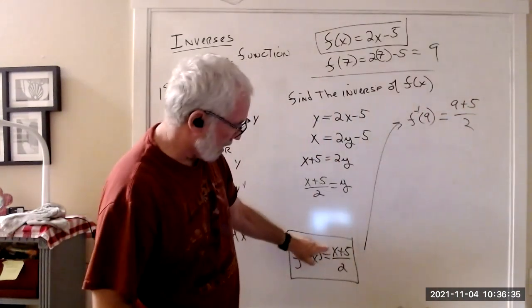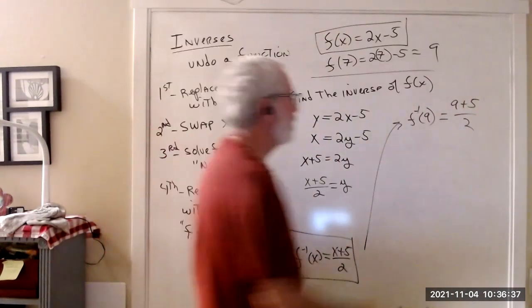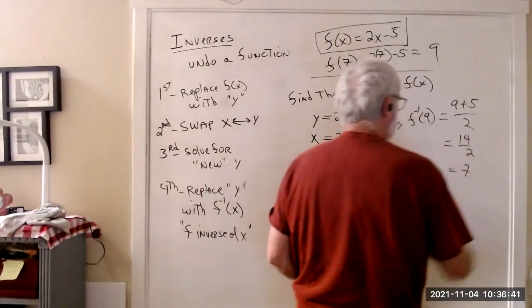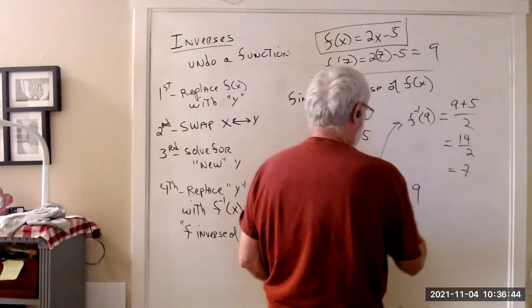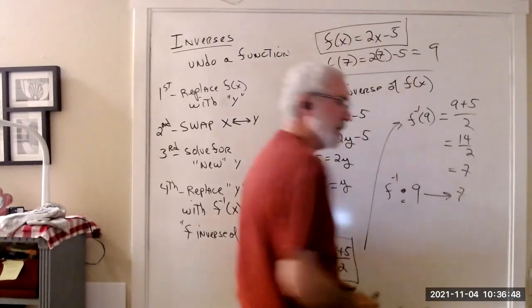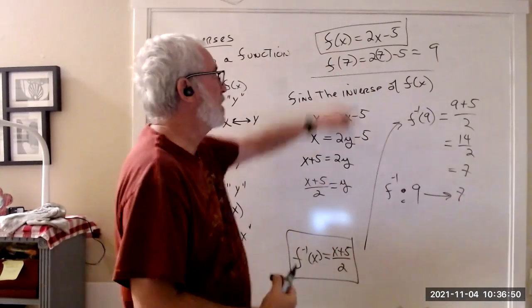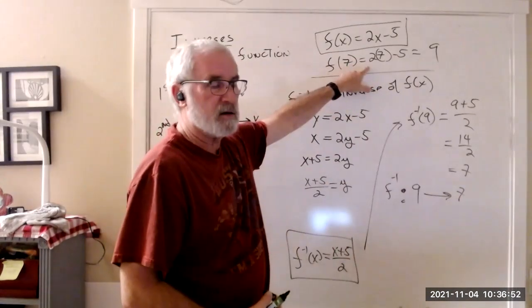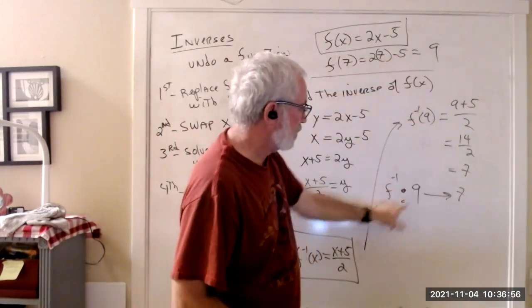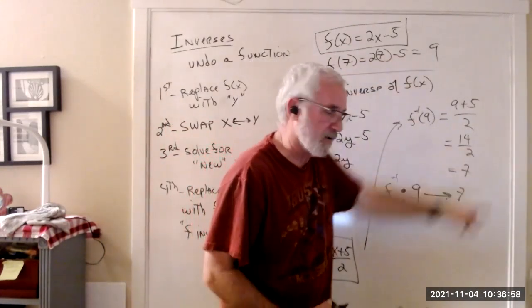Plug it in there, 9 plus 5 over 2. That's going to be 14 over 2. That's going to be 7. So yeah, the inverse took 9 and turned it back into 7. It undid what f did. F changed 7 into 9. F inverse changed 9 back into 7.